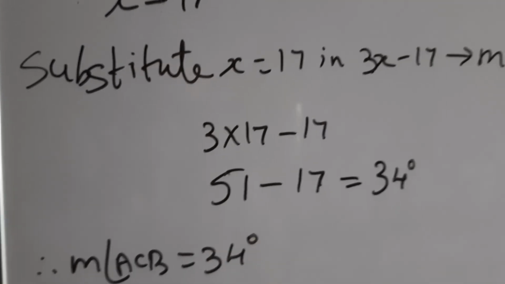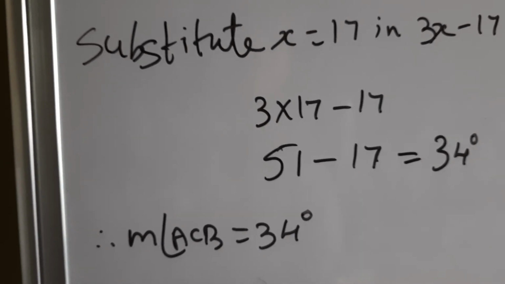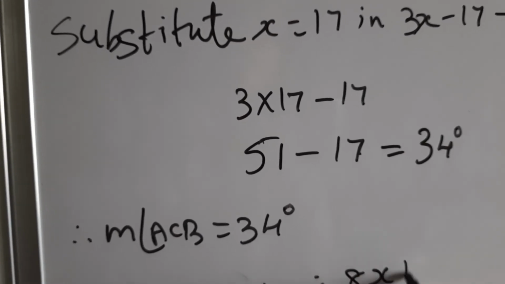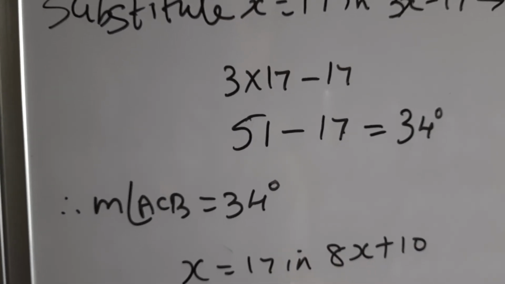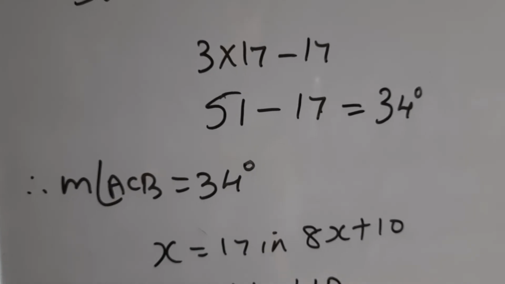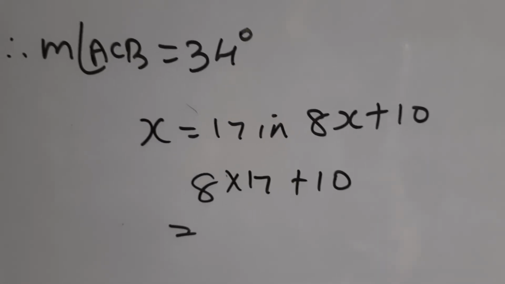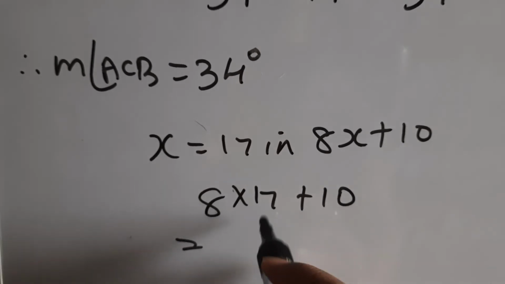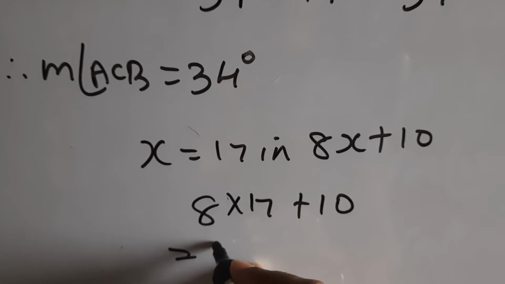Let us find out the other one also. Substitute x equal to 17 in 8x plus 10. So 8 into 17 plus 10 is equal to, so 8 into 17 will give us how much? 136, right?